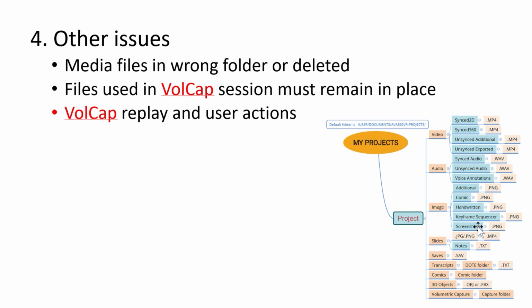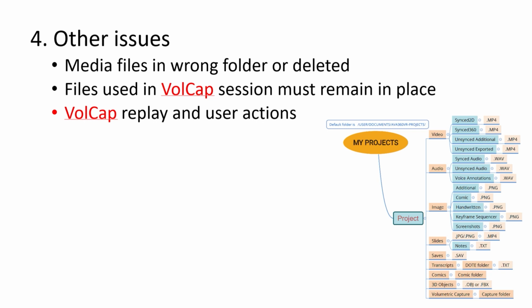So track your data carefully, make sure it's in the right folder, or it might have been deleted and that's why it can't be found. And that's why, for example, when you're doing volumetric capture or volcap and you're replaying, they don't store all the data in an archive. They rely on some of those files still being accessible, and if you delete them, then the volcap replay won't work.